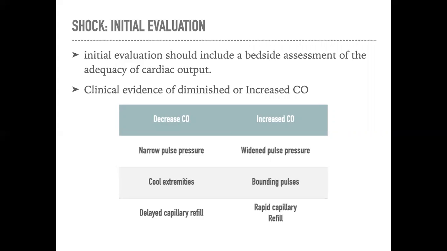If the difference is very narrow, and when you touch the patient, extremities are cool, and the capillary refill is delayed, then you are dealing with a decreased cardiac output shock. However, if the patient has a wide pulse pressure, pulses are bounding, and there's a rapid capillary refill, then there is increase in the cardiac output.